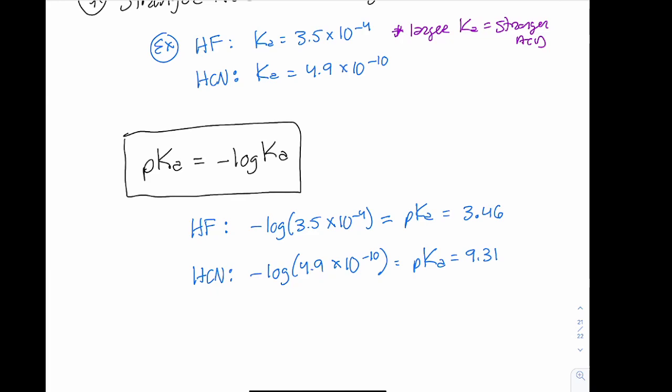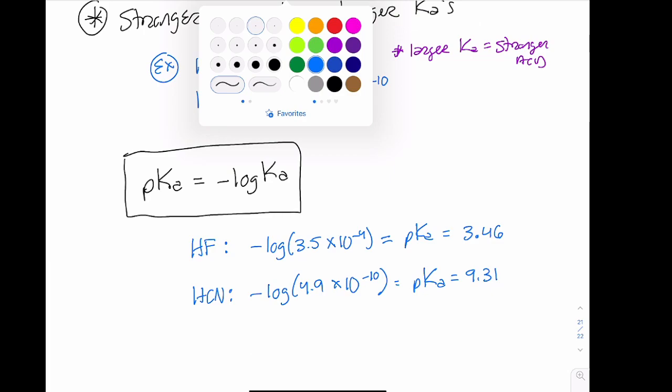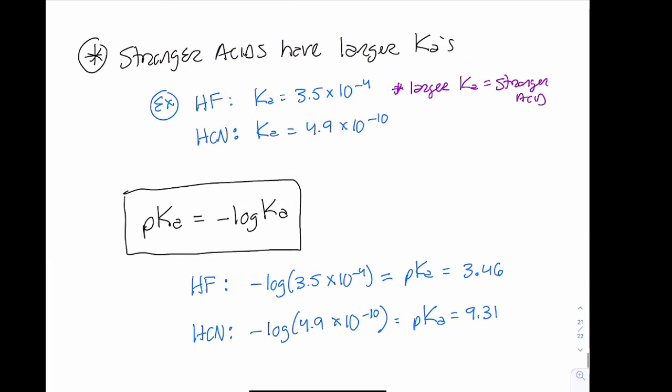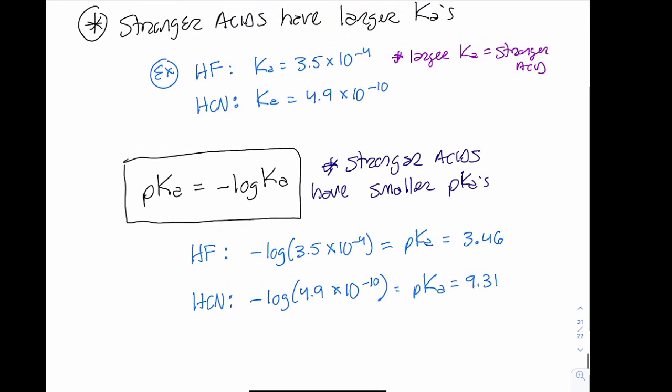So again, a bigger number, right? It's an inverse relationship. Let's actually write that down. Stronger acids have smaller pKa's, right? We established that hydrofluoric acid was stronger. It has the bigger Ka, it has the smaller pKa.